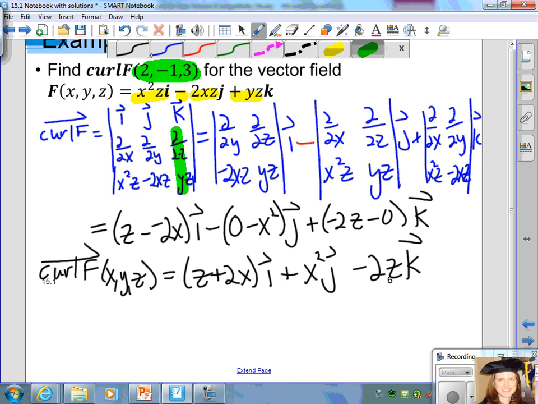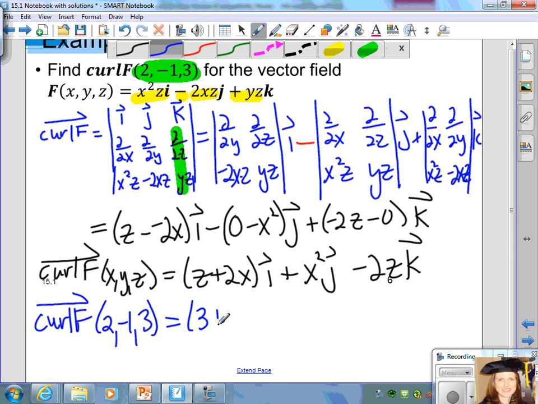Let's plug in those values. The curl of f, again I'm using that vector notation because the result is a vector, at the location 2, negative 1, 3. We're going to plug in 2 for x, negative 1 for y, and 3 for z.